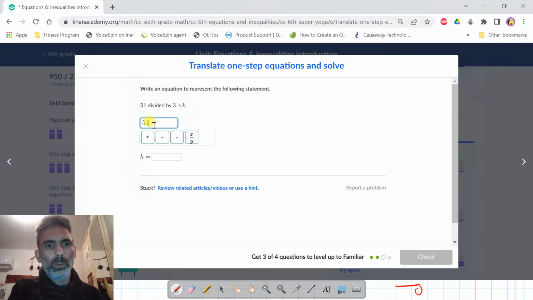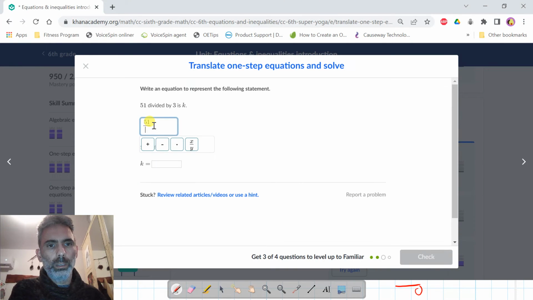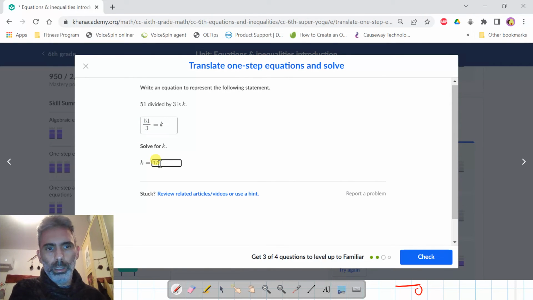So 51 divided by 3 equals k, and k equals 17.